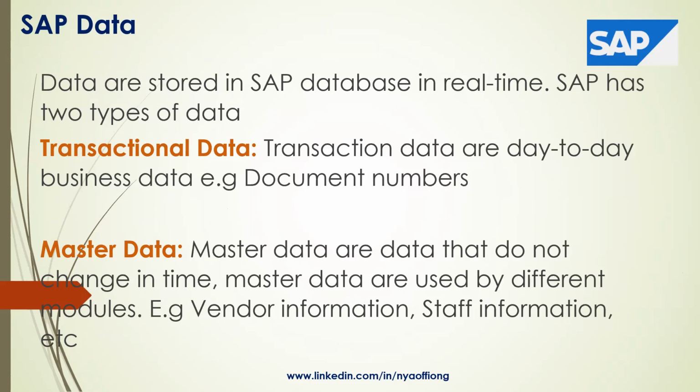Master data are used by different modules. For example, vendor information, staff information, and customer information are all master data. They are used over and over again, so they hardly change over time. While the day-to-day data you produce in the system are called transactional data.